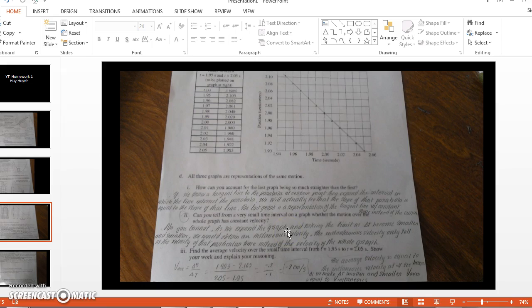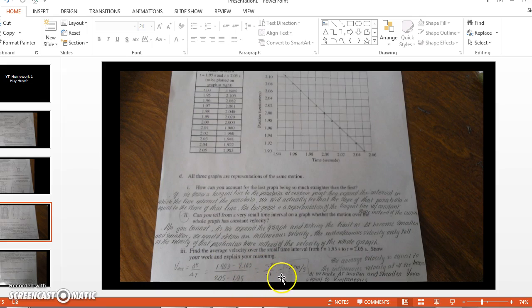Find the average velocity over the small time interval from 1.95 seconds to 2.05 seconds. Show your work and explain your reasoning. So I use the formula V average is equal to the displacement over the change in time.